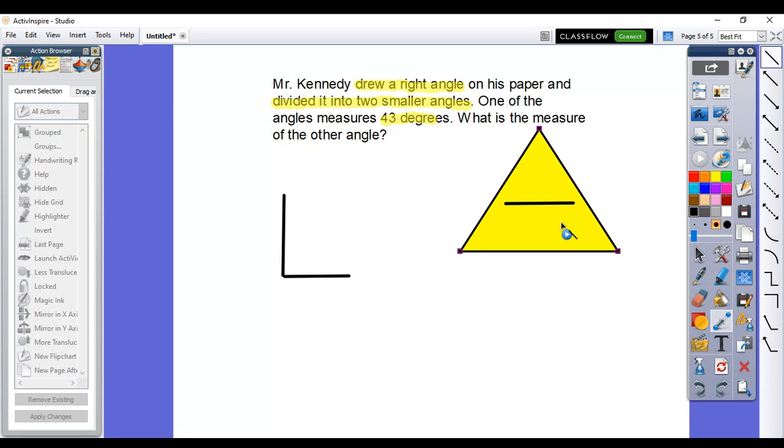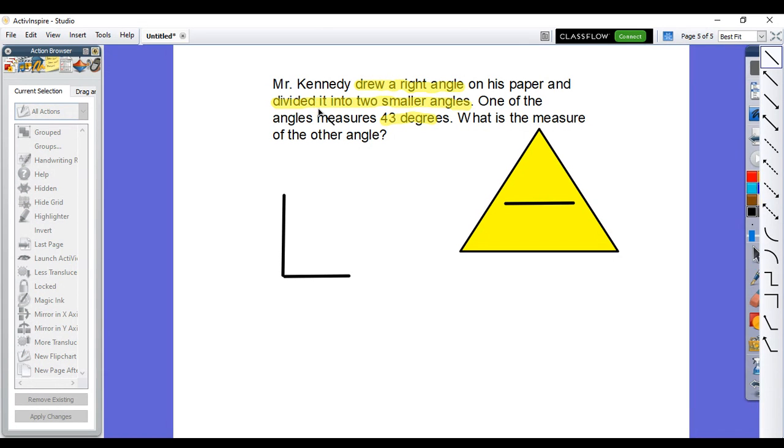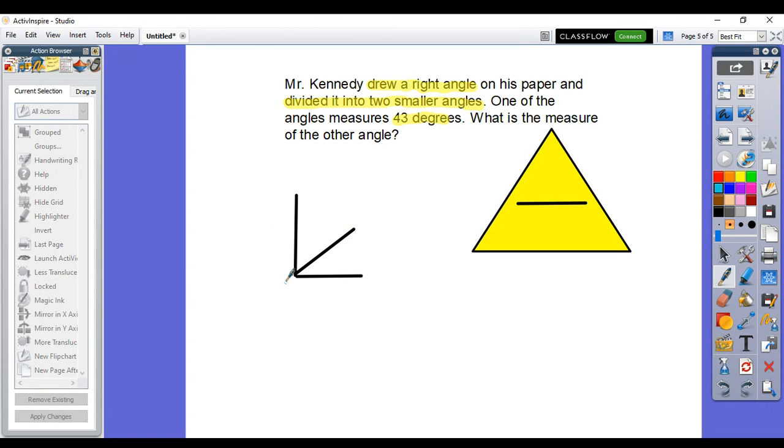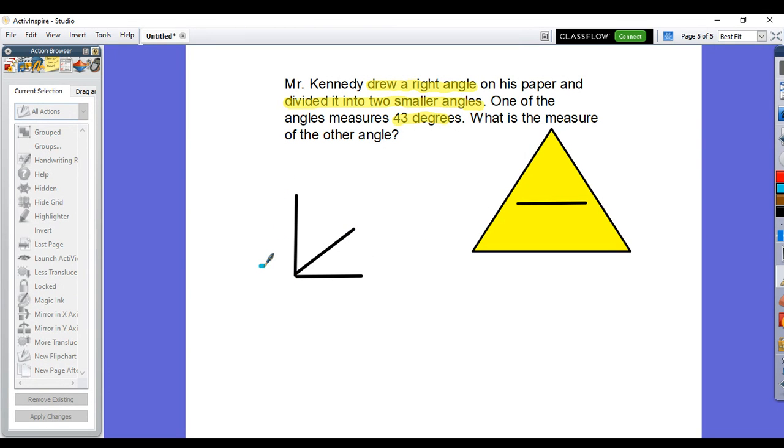And then it also says that he divided it into two smaller angles, right? So I'm just going to split my 90-degree angle into two smaller ones. So now I have a 90-degree angle. That looks like a 10.